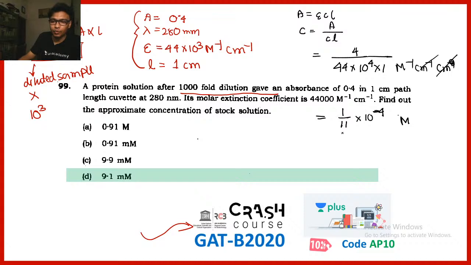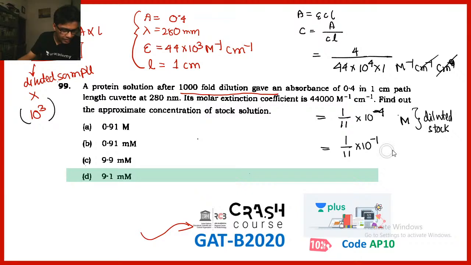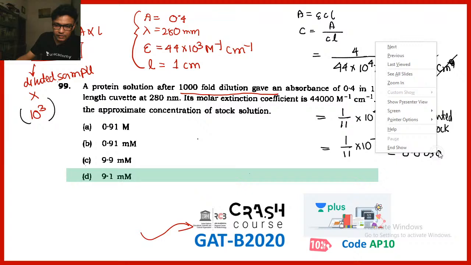So this is the concentration of your diluted stock, right? And your concentrated stock needs to be multiplied with 10 to the power 3. So if we multiply that, you would have 1 by 11 into 10 to the power minus 1, right? Okay guys, and the number comes to something around 0.009, 0.00909.